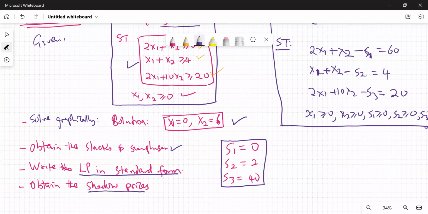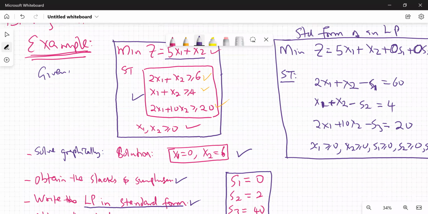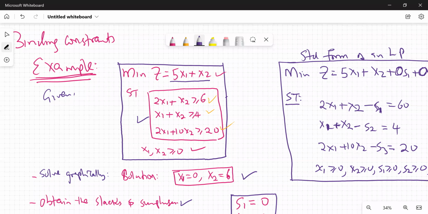Okay, so then how do you compute the shadow prices? So the shadow prices are computed using the binding constraints. And basically what you do, like in our case here, this is the binding constraint that we have, the one with a slack of 0.